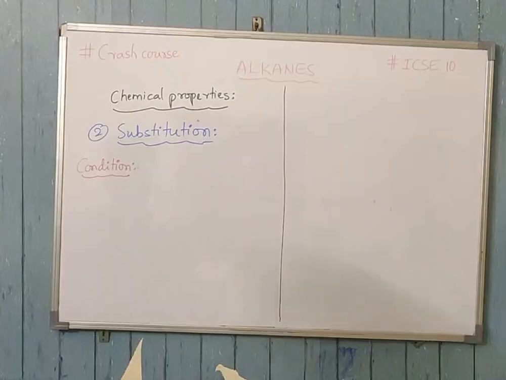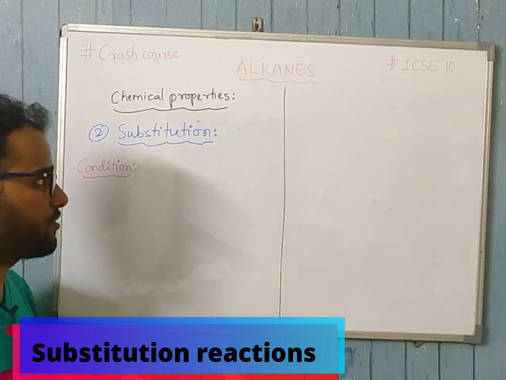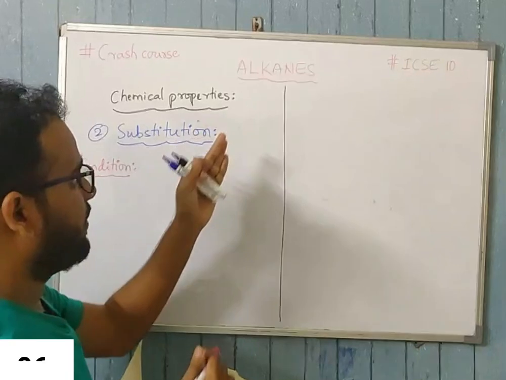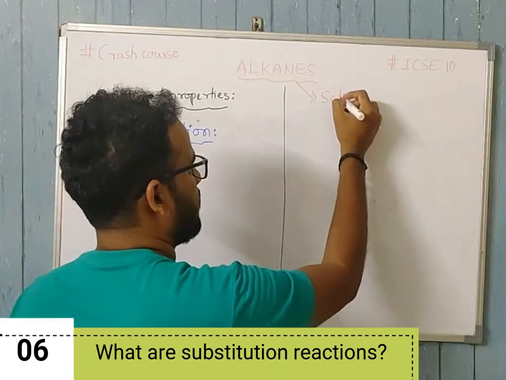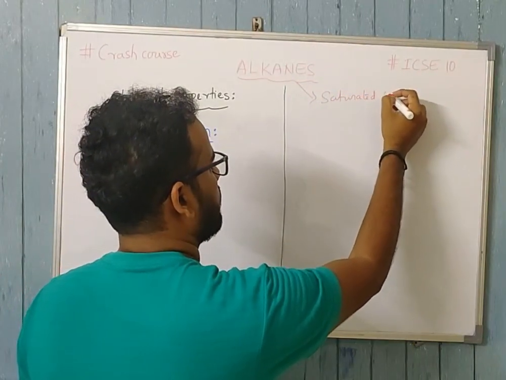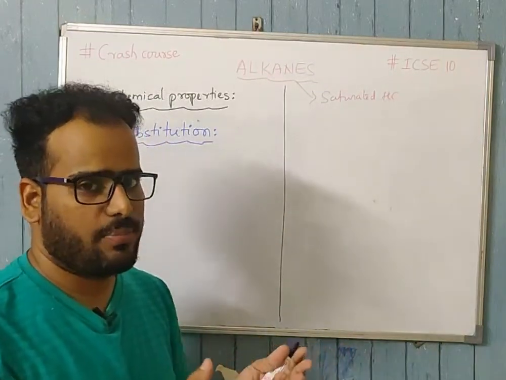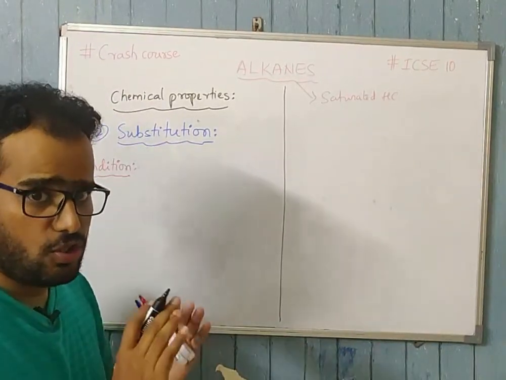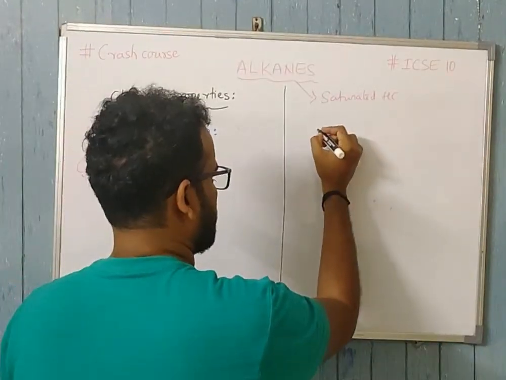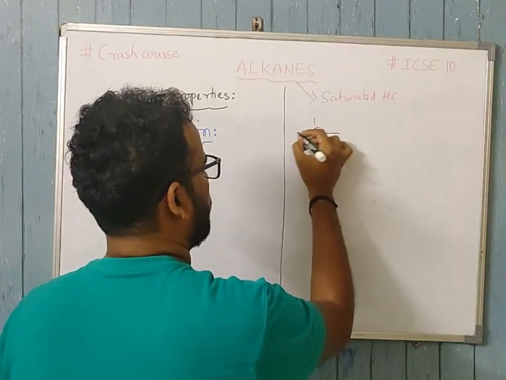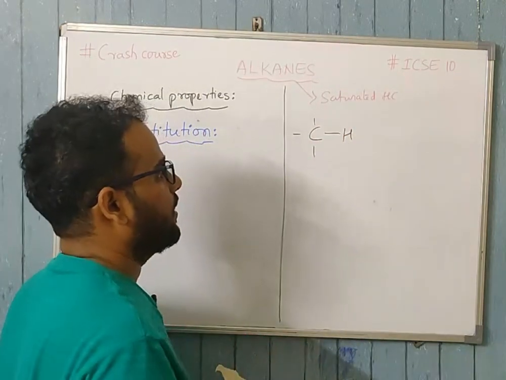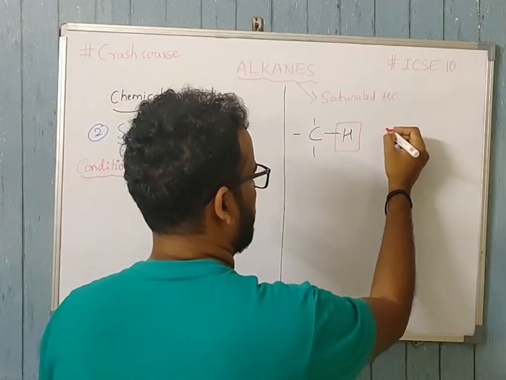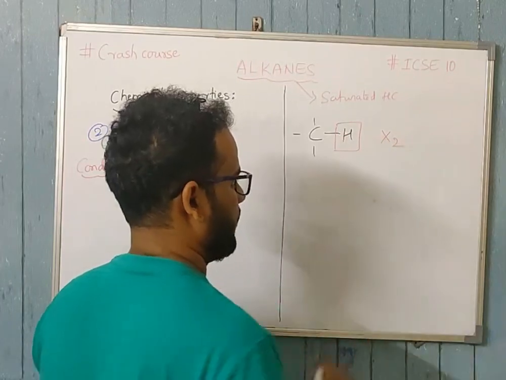Write down. Okay, next type of chemical reaction, substitution. What is the meaning of substitution? We know that alkanes are saturated hydrocarbons, meaning all the 4 bonds of carbon are satisfied by single covalent bonds. So they will undergo only substitution, not addition. Substitution means you have carbon with 4 bonds and you have hydrogen here. This hydrogen will be replaced by the halogen, say for example X2.